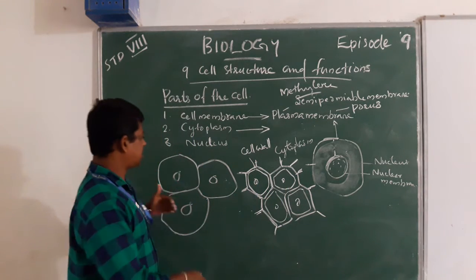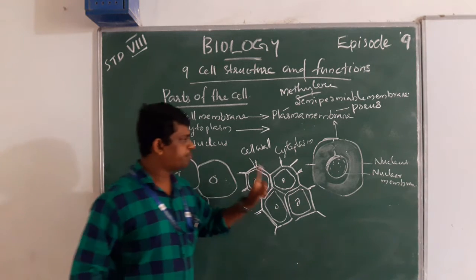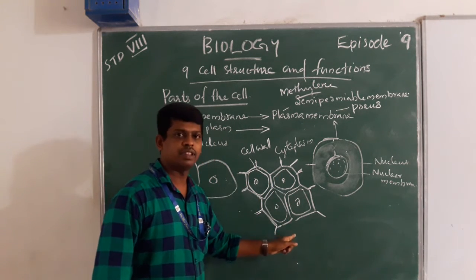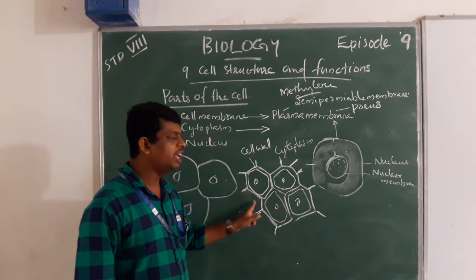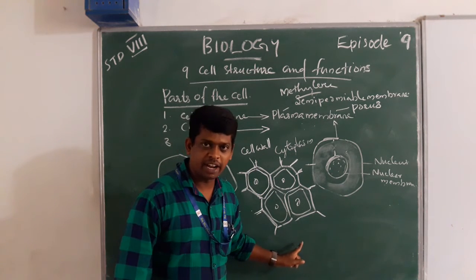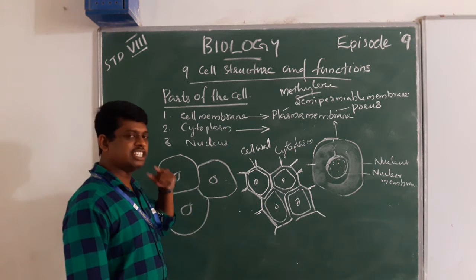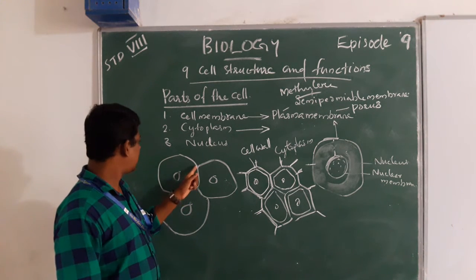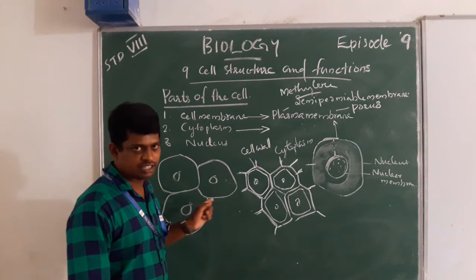What is the difference? In these plant cells, they have an extra structure, the outer covering of the cell membrane. But in these animal cells, the cheek cells we examined, there is no extra structure.